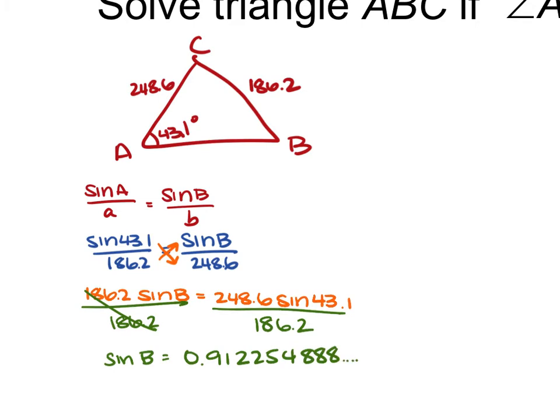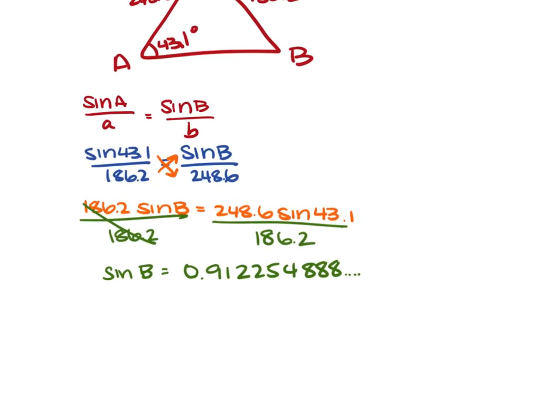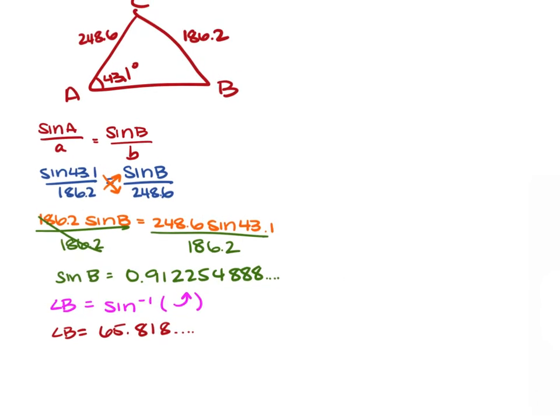So with this, you have to find the inverse sine of this. When you find the inverse sine of this, you're just going to do the second sine, second answer, and it gives you that angle B is 65.818, and so on.